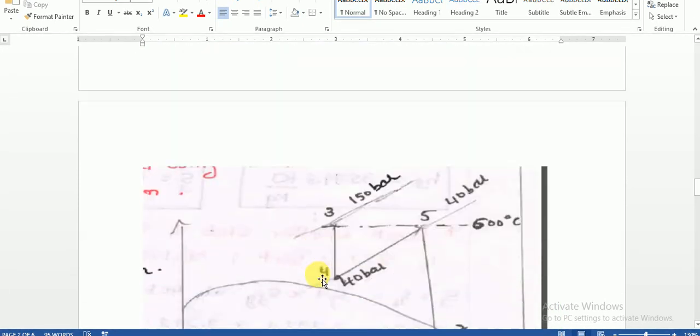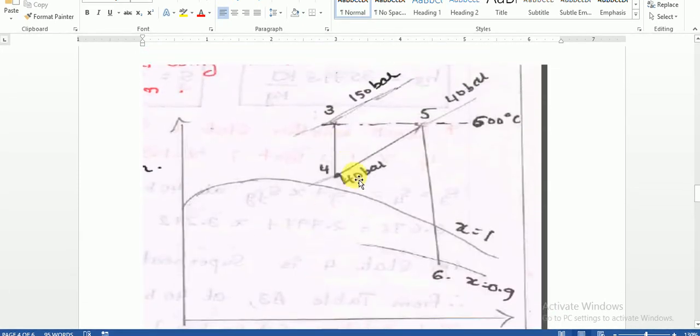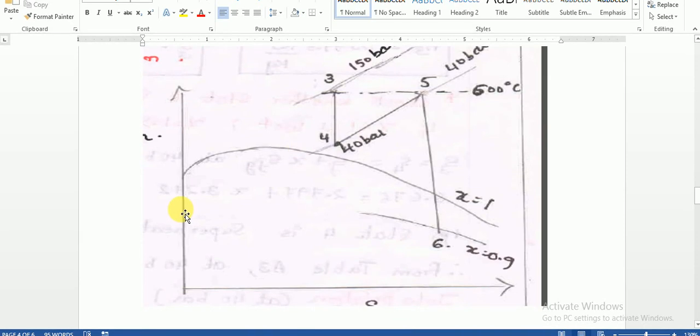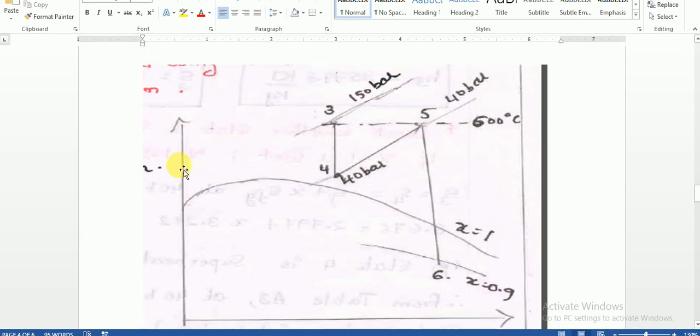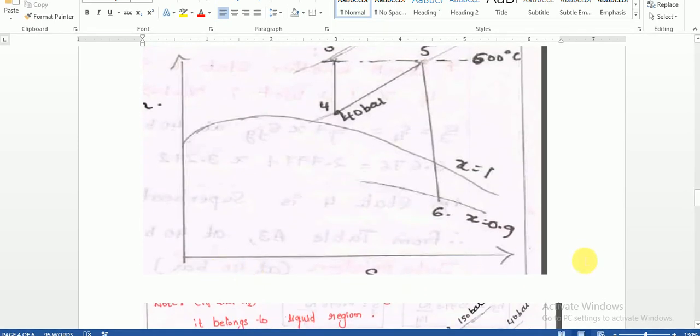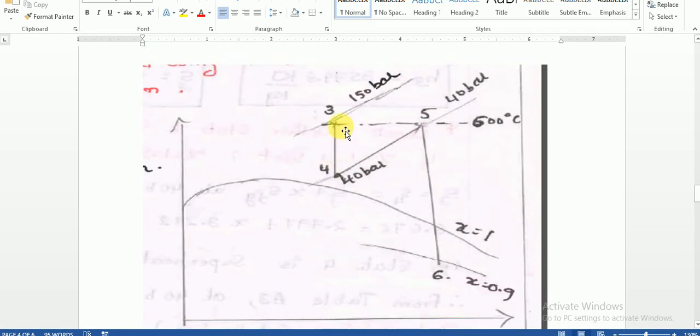To find H3, H4, H5 using the Mollier chart, we first analyze the problem and draw a Mollier chart. This is enthalpy, this is entropy. We can note down the values. H3 will come somewhere here, at 150 bar and 600 degrees Celsius.